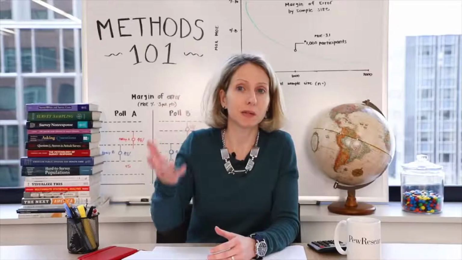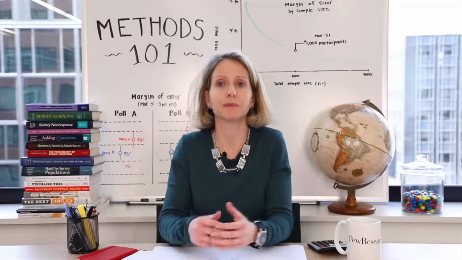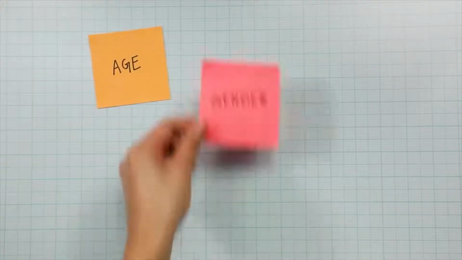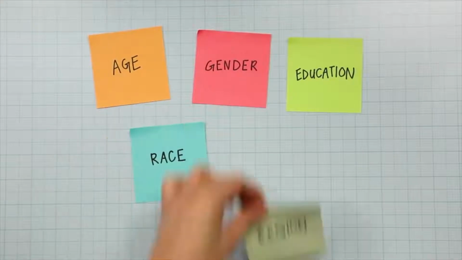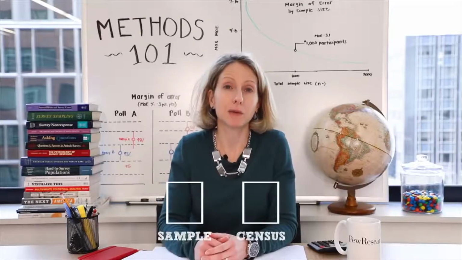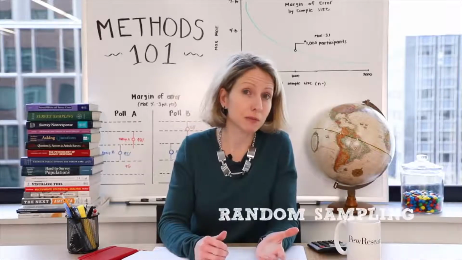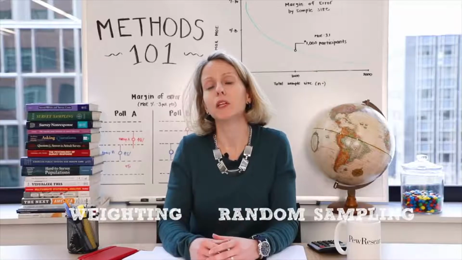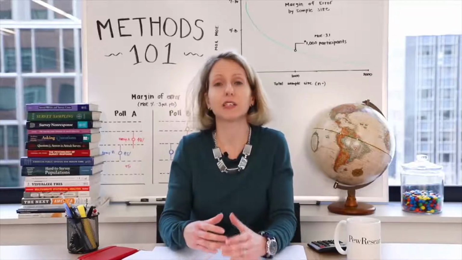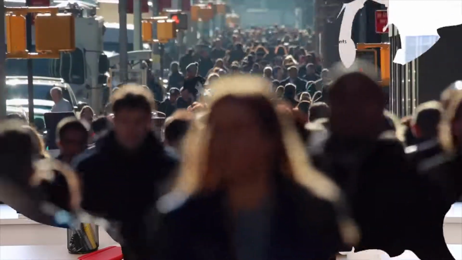So once we have our sample, we compare the respondents' demographics to the makeup of the whole country. We look at things like age, gender, education, race, and region. Weighting allows us to adjust our survey data so that it matches the general population on these characteristics. So because of random sampling and weighting, we can take something small like a survey sample and use it to describe something much larger, like the attitudes of all U.S. adults.